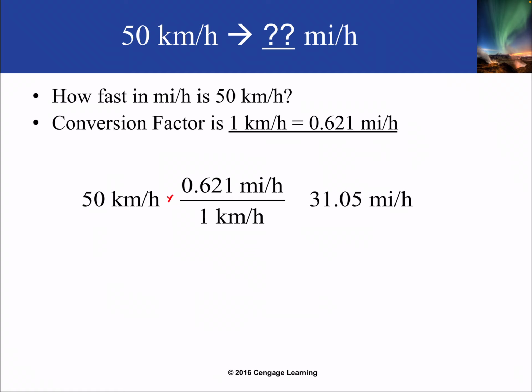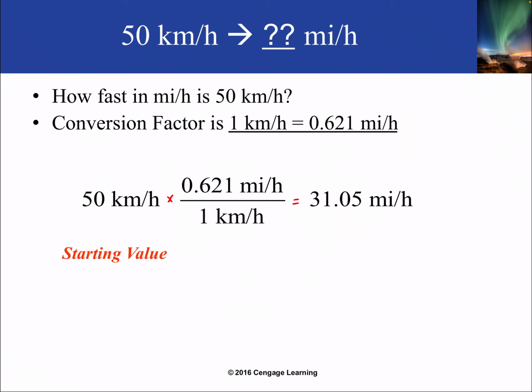Then we're going to multiply it by our conversion factor. Notice kilometers per hour is on the bottom of our factor, because then we're going to need to cancel those, and then we can do the math and get our result of 31.05 miles per hour.